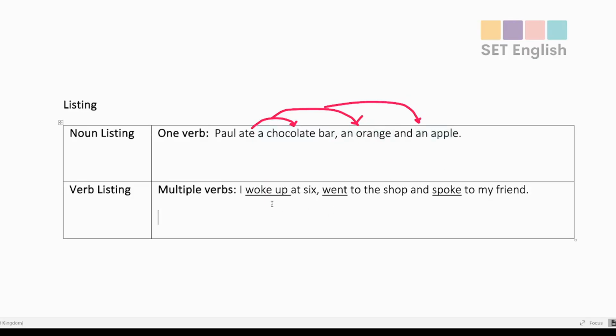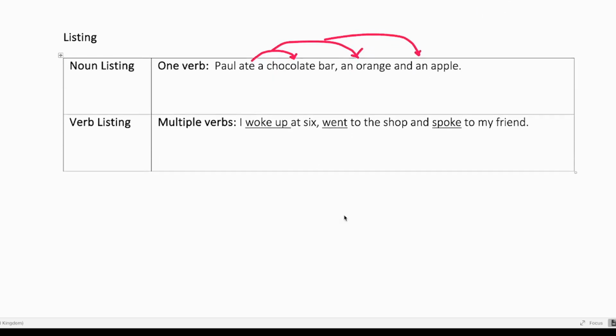In the second one, woke up at 6 is an item, went to the shop is an item, and spoke to my friend is an item. Three different items. Now this is really easy, and the reason why it's easy is because we've done something nice and easy: we've said X, Y, and Z.